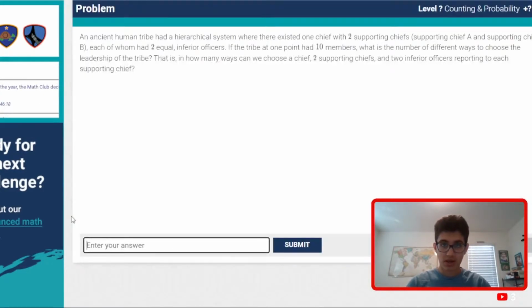Okay. Last one over here, I think. An ancient human tribe had a hierarchical system where there existed one chief with two subordinate chiefs, subordinate chief A and subordinate chief B, each of whom had two equal inferior officers. Because they've written subordinate chief A and subordinate chief B, I think they are distinguishable, right?